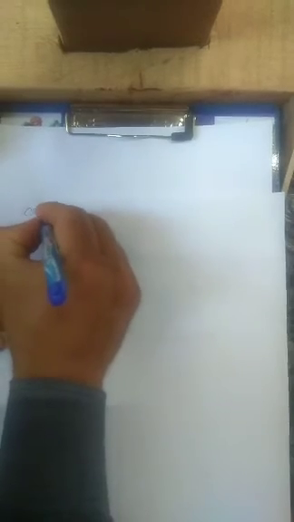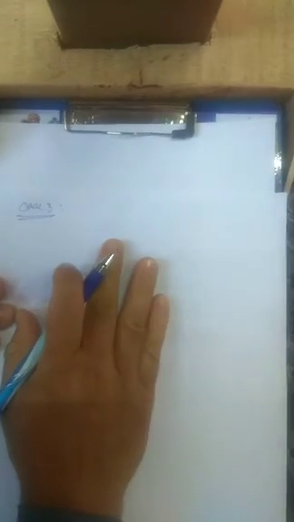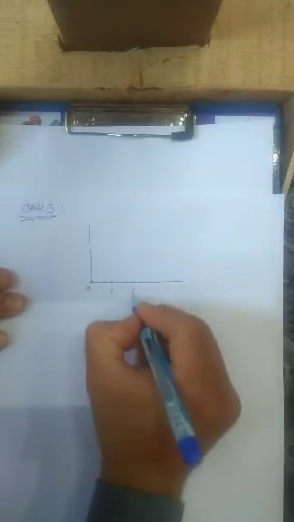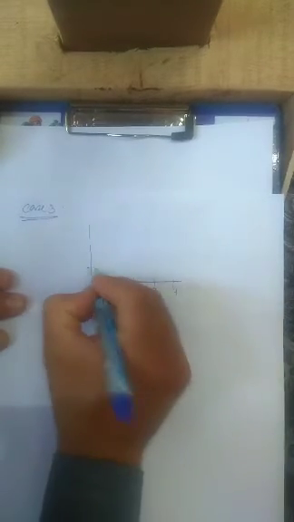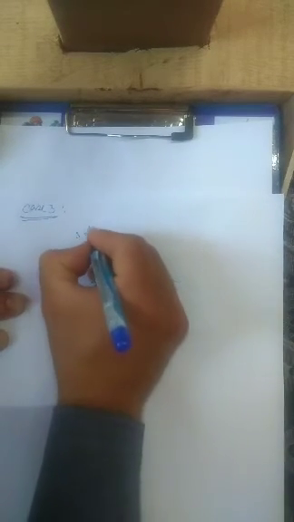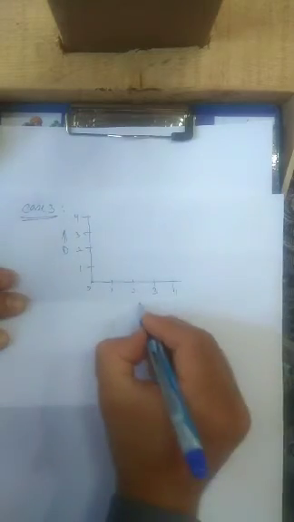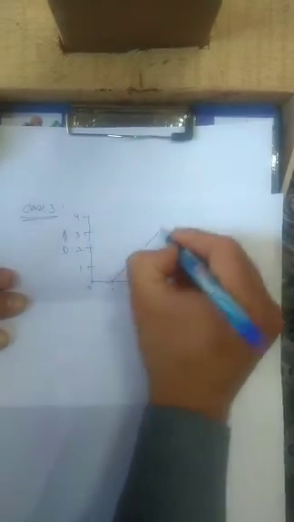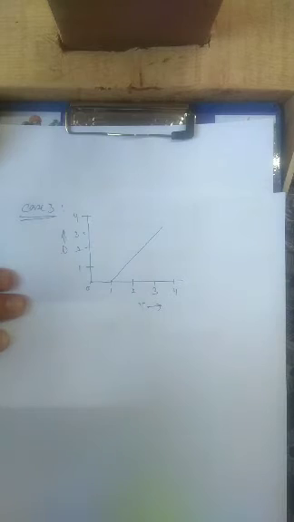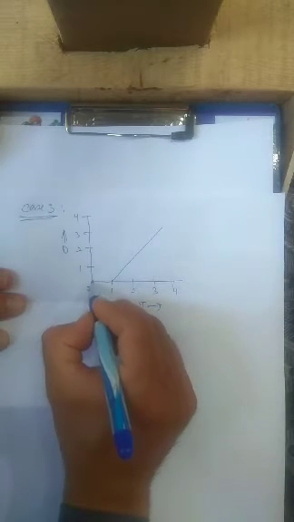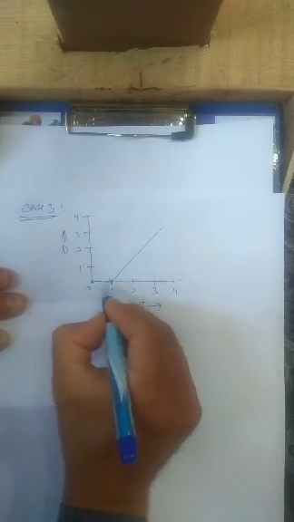Now the third case. Say for example, this type of graph is given, with origin, 1, 2, 3, 4 on distance and time. So you can say that initially the body was not moving, it was at rest.